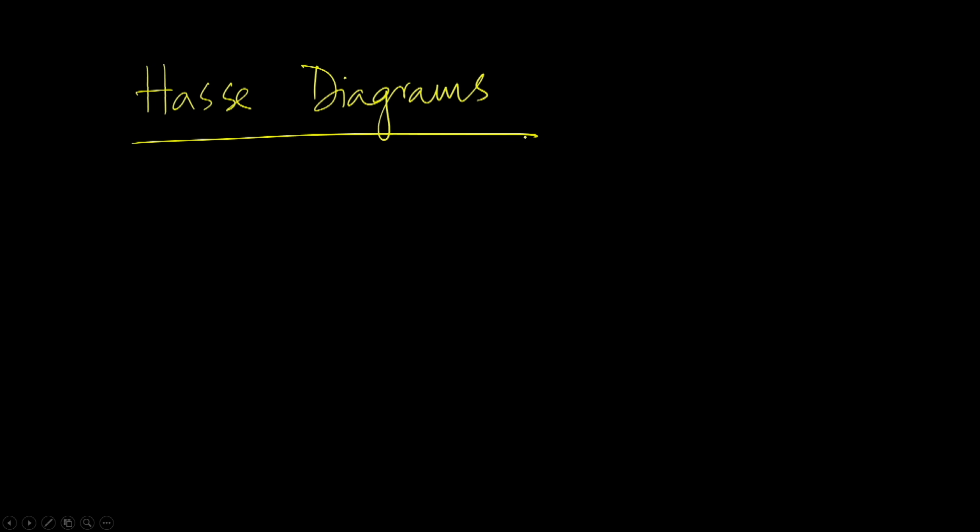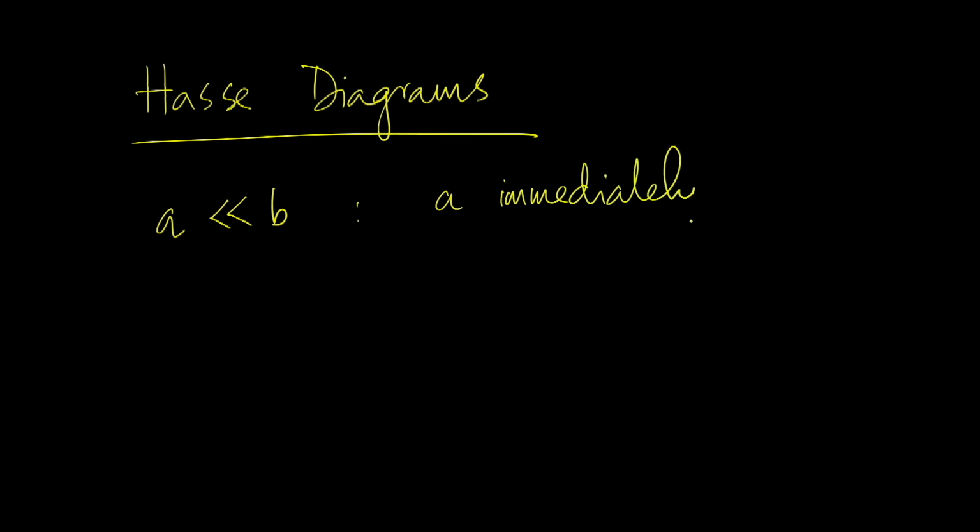Now we study Hasse diagrams. We say that a immediately precedes b.